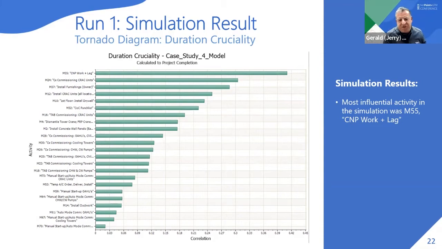Why I chose this is typically the duration cruciality is a good indication of which of the risks or which of the activities has the most influence in the simulation model. And as I share with the students, if you're trying to adjust the schedule in some manner, you'll use this rank order of information on this graphic to start looking at individual risks and individual activities as candidates for improvement.